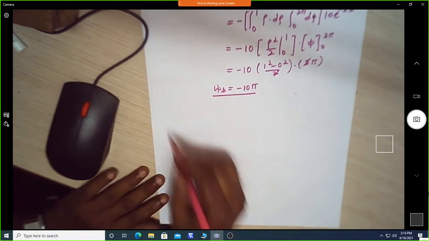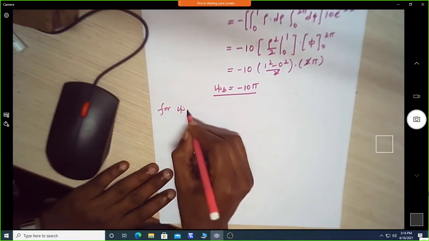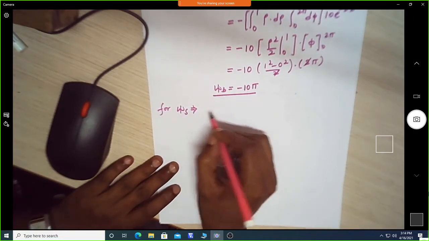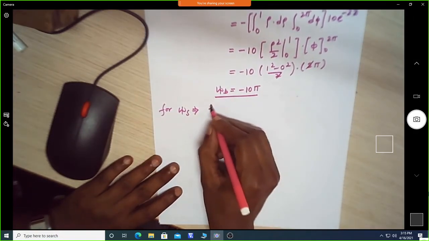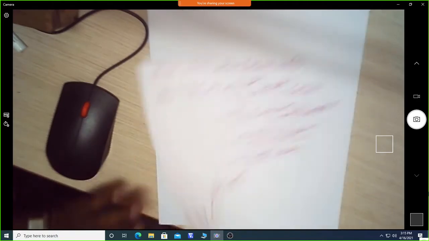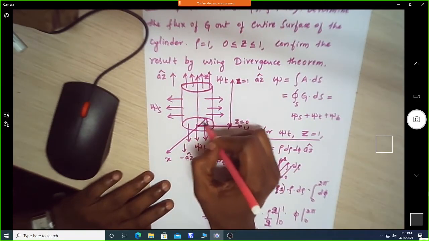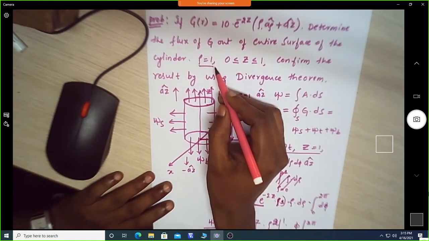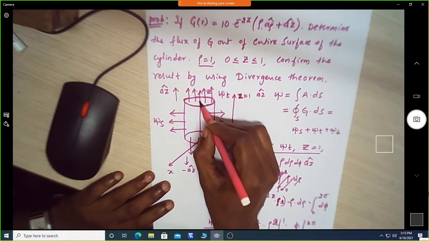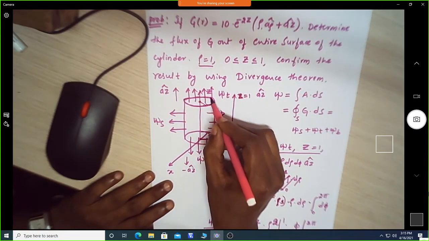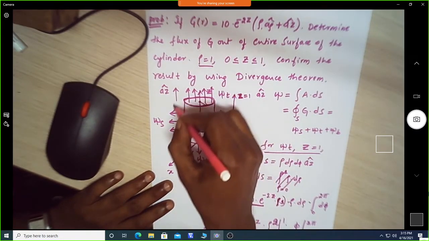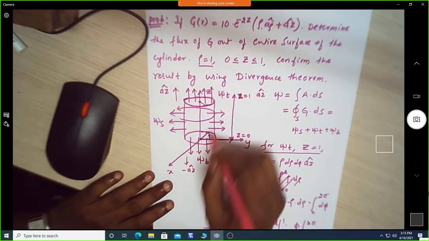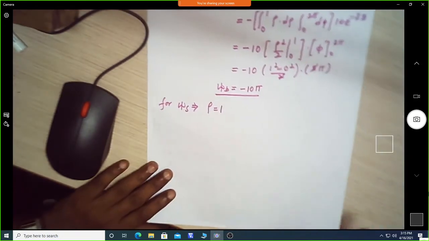Now similarly for the curved surface, that is psi s. So for psi s, what is your rho? Because the curved surface is this cylinder, the radius is always equal to rho equal to the maximum value 1. If I take from the center, the radius is the same around this curved surface. If I take one round like this, wherever you go, the value of rho will be equal to 1.